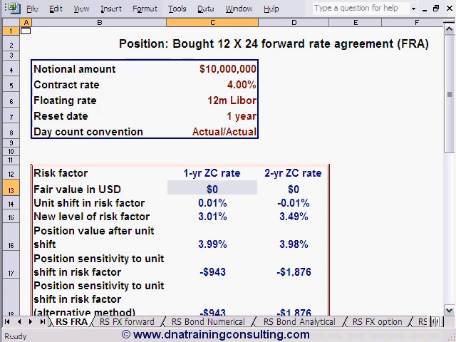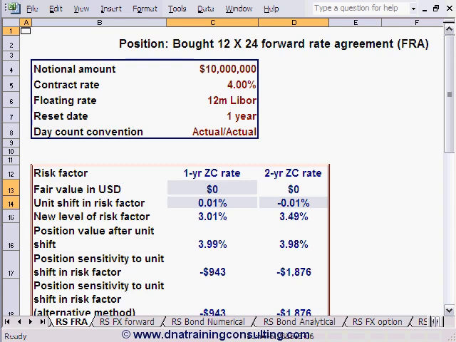We now simulate a positive 1 basis point shift in zero coupon rate for 1 year, but a negative 1 basis point shift in the zero coupon rate for 2 years, to bring about in each case an adverse impact on the fair value of the position, as explained previously.